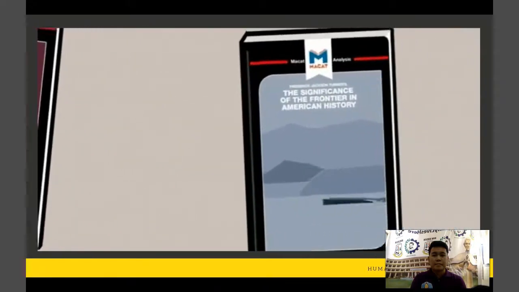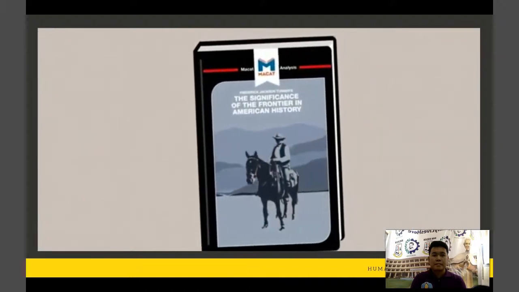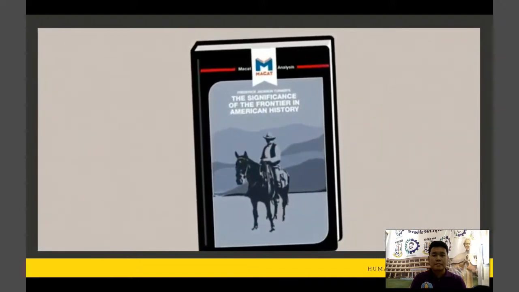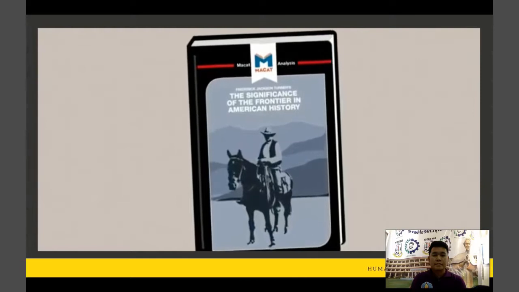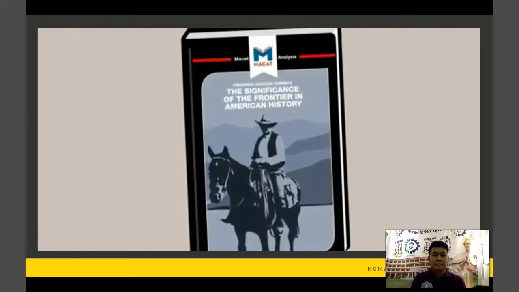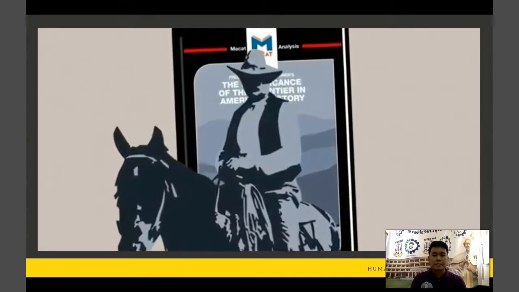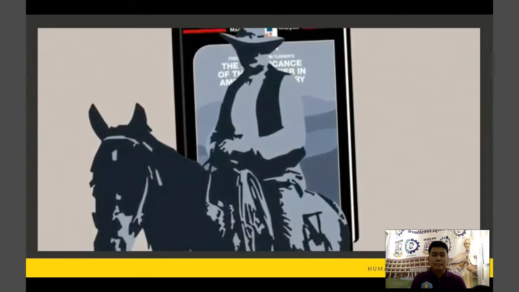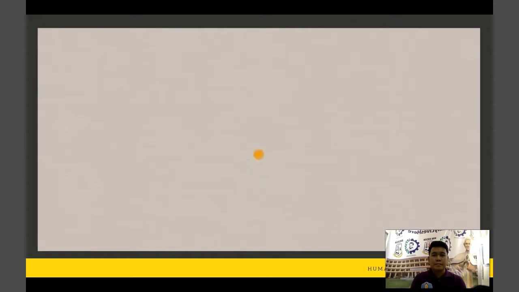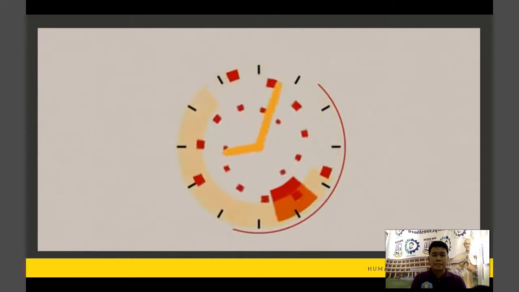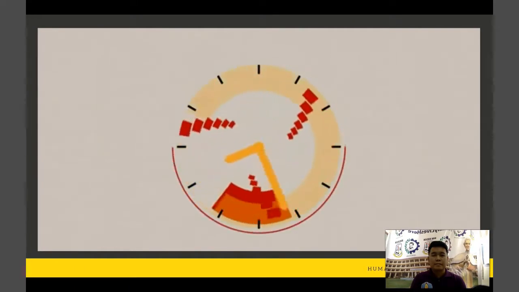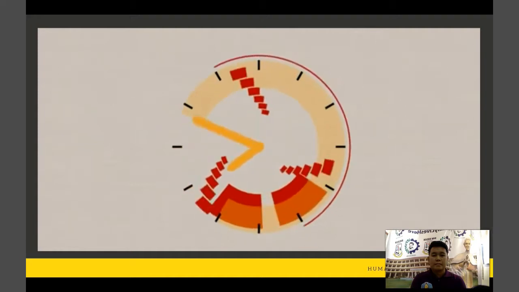And Frederick Jackson Turner's 1893 essay, The Significance of the Frontier in American History, in defining a process that helped shape American character, changed not only our understanding of America's past, but also how the country itself saw its future. MCAT helps you to understand not only history, but its historians, and not only the past, but the present.